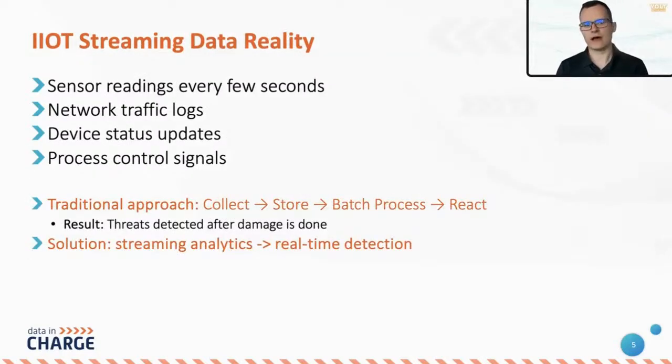So what do we have in the IoT streaming data reality? We have usually some sensor readings which are being sent every few seconds. So if you have hundreds of thousands of these, the amount of traffic is pretty significant.